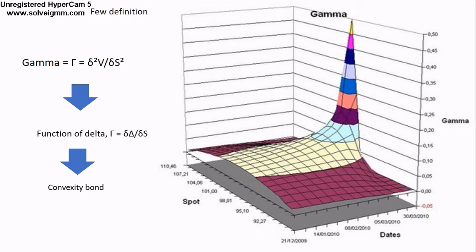We can do a comparison with physics. Imagine delta is a speed and gamma is an acceleration. So this is the first derivative, the second derivative, and we can make this comparison if we know a little physics.